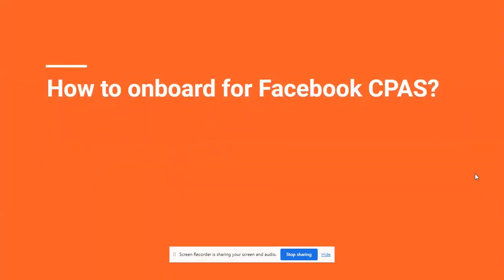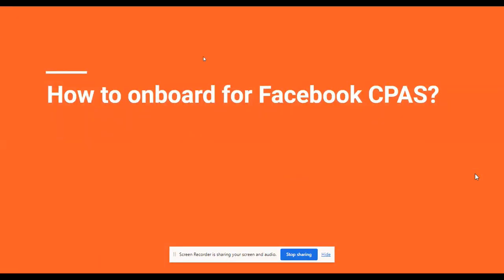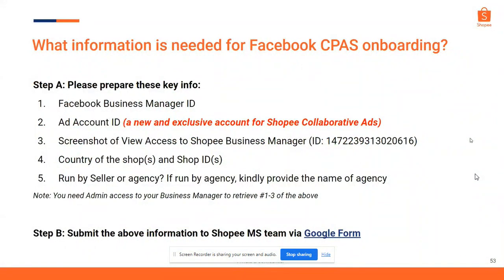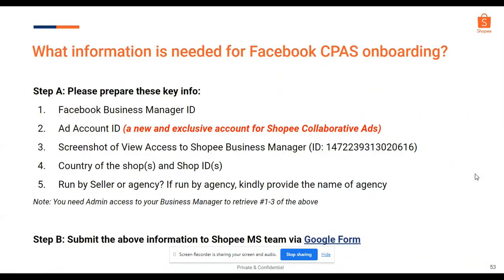So this is basically how the setup goes from campaign to ad set level to ads level. Right now, if you want to onboard, please prepare this information. Then you submit it to our CPAS team via this Google form.